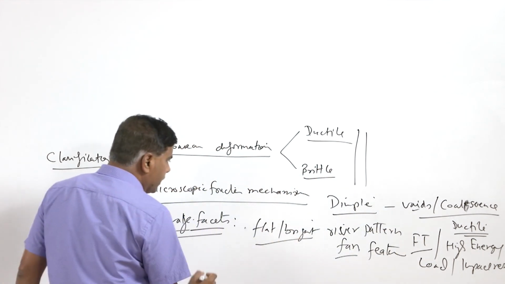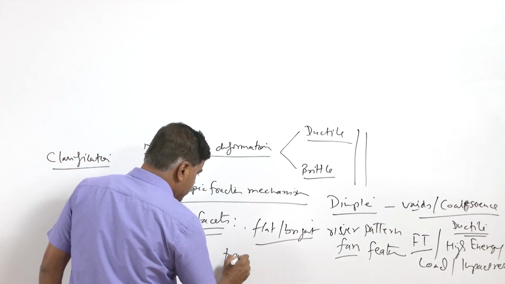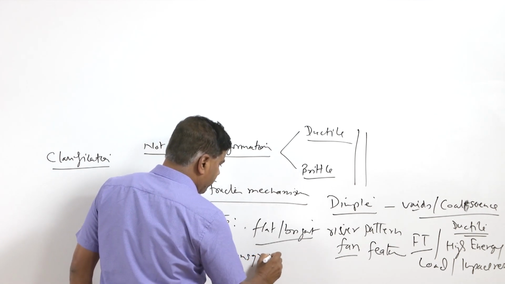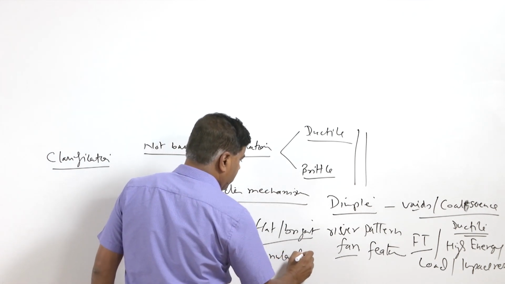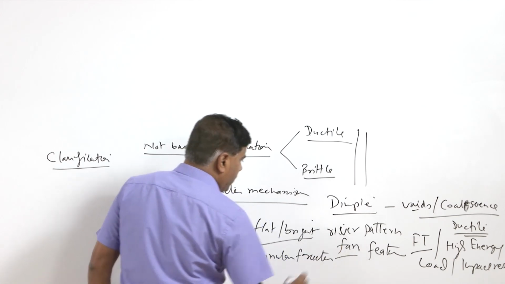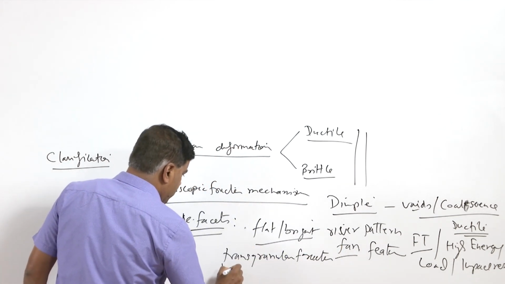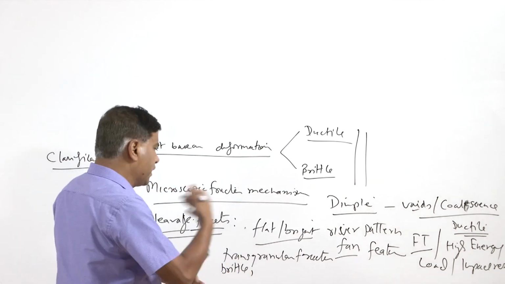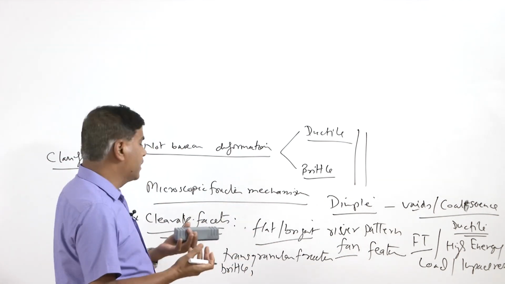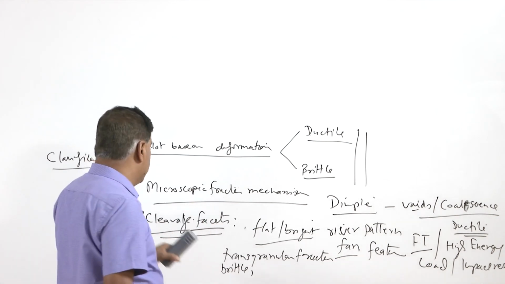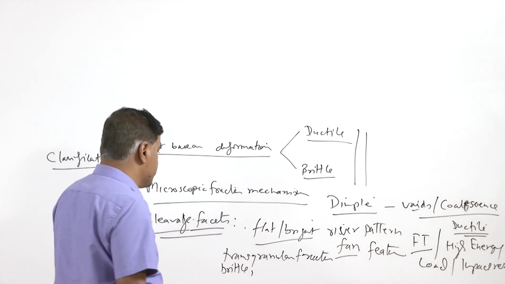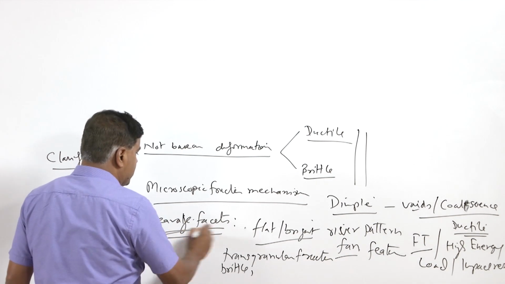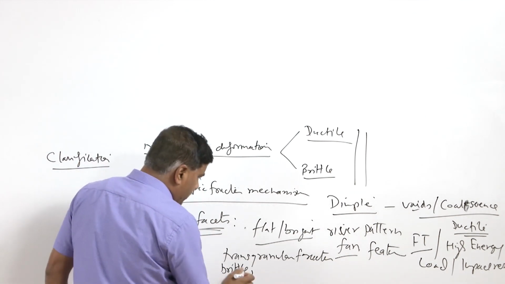These indicate a transgranular fracture, which is basically a brittle fracture occurring with limited deformation. But in unique situations there can be a lot of deformation, and finally the fracture occurs by cleavage facets. That will be classified as a brittle fracture.